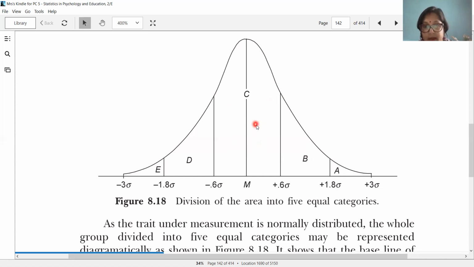Okay, 22.57 into 2, or 22.57 plus 22.57, we get the total number of cases lying in group C.